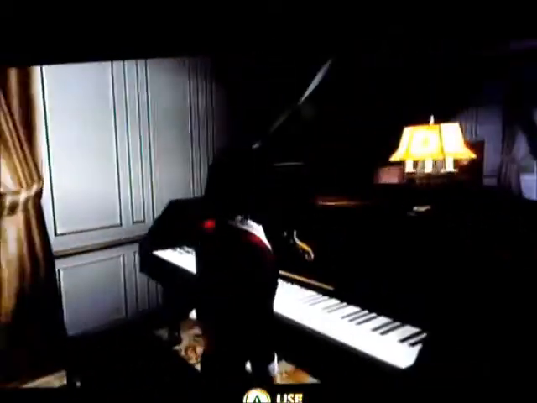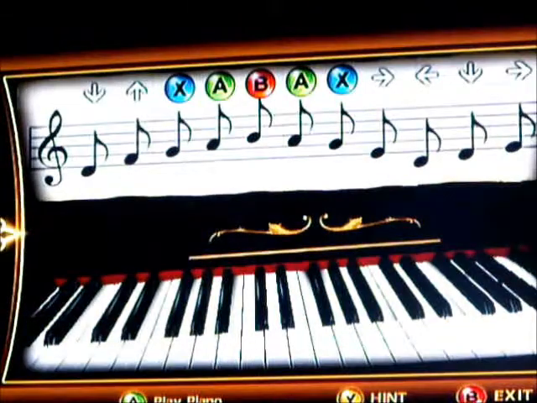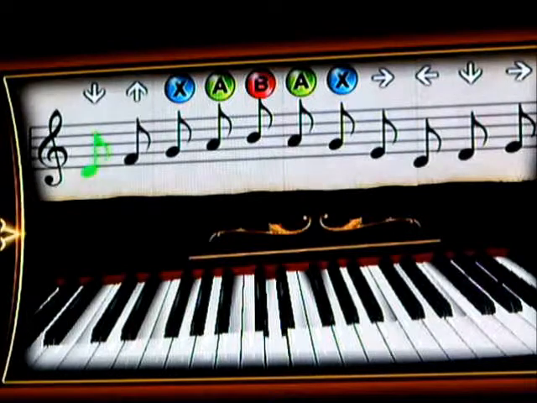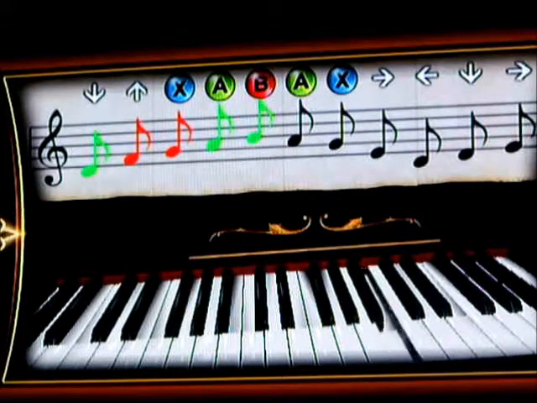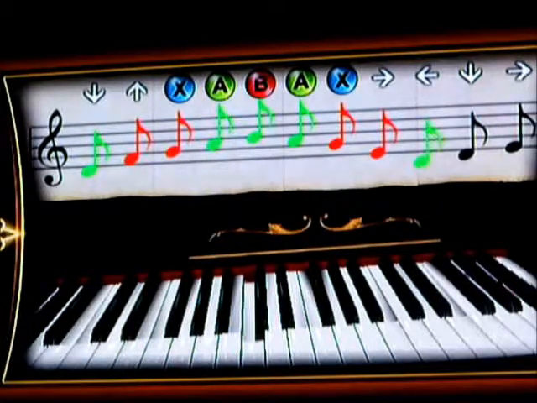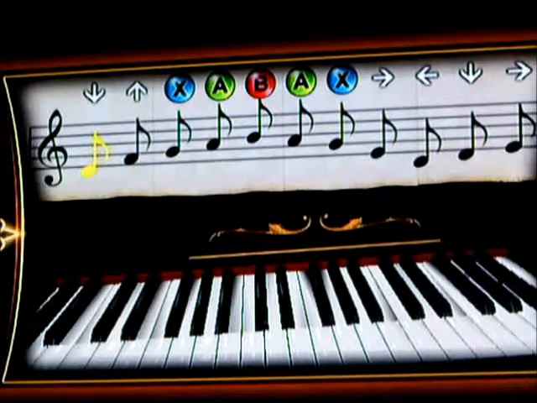It's pretty simple to use. How do you play some music? Seems to be working. After the note plays, you want to press the note right after. This thing hates me sometimes. Let's try that again.